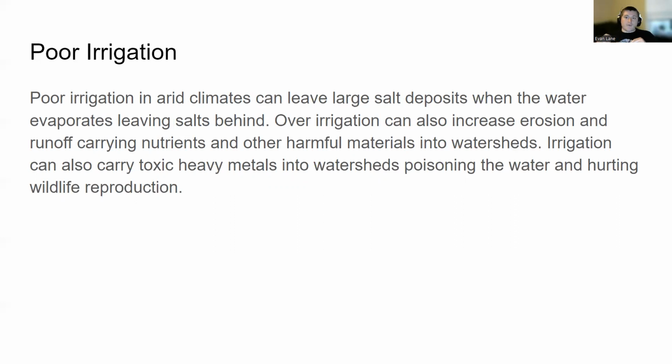When irrigation water evaporates, it leaves behind salt deposits on the tops of the soil, and these salt deposits can become very concentrated over time, and then they can also get swept away by runoff, erosion, things like that.